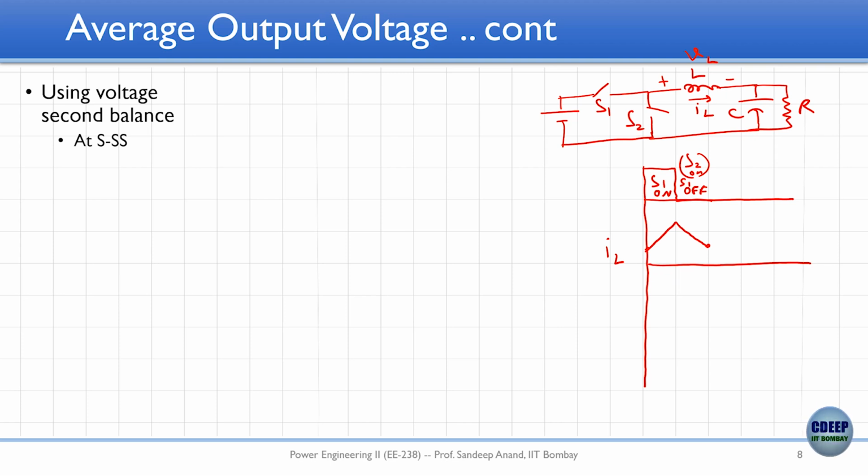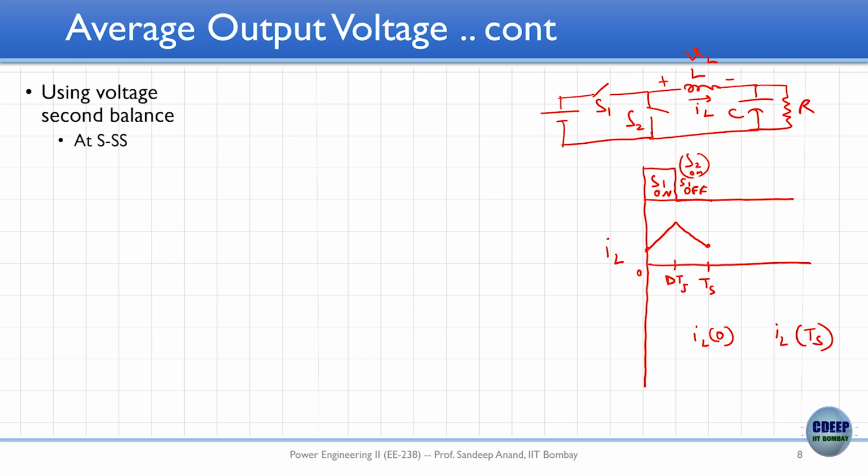So the inductor current would rise, inductor current would fall. This is 0, dTs and this is Ts. What would be the relationship between IL at 0 and IL at Ts?